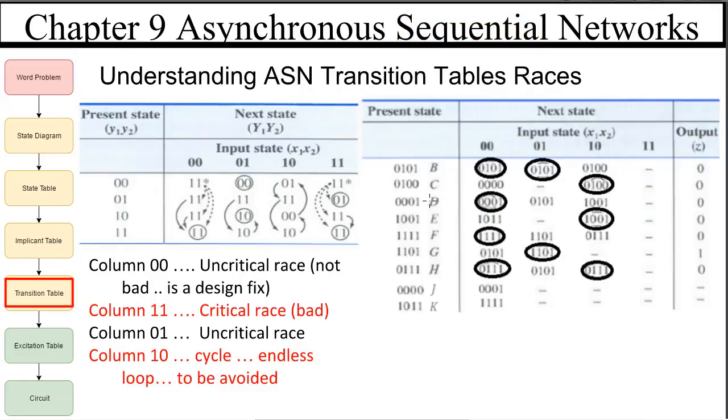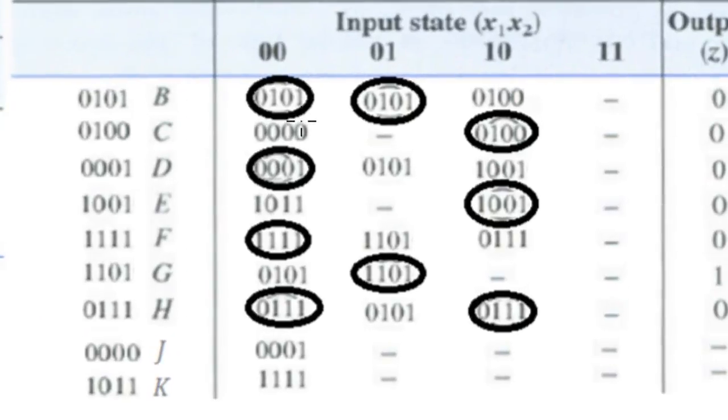So what we want to do is understand ASN transition table races. We've been using the word slip also up here. We started off with a 1 right here. Stable state C was going to go down here to D. But that requires a 2-bit change. That 0 right here has to change to a 1, and that 1 right here has to change to a 0.